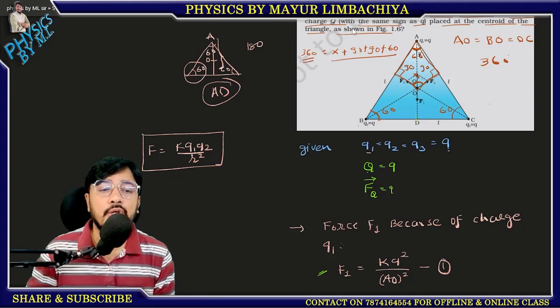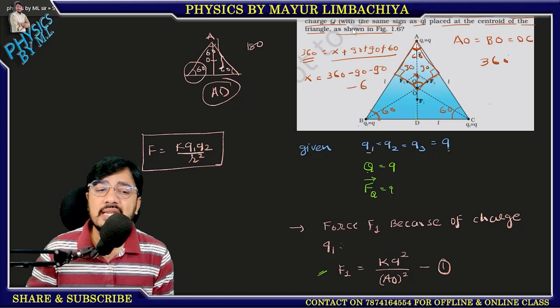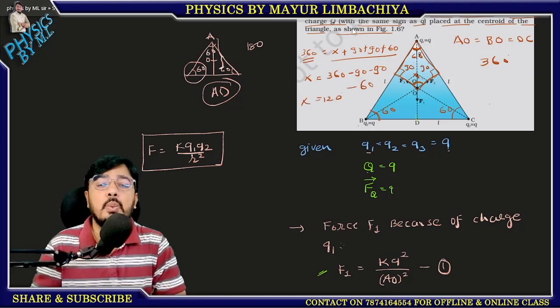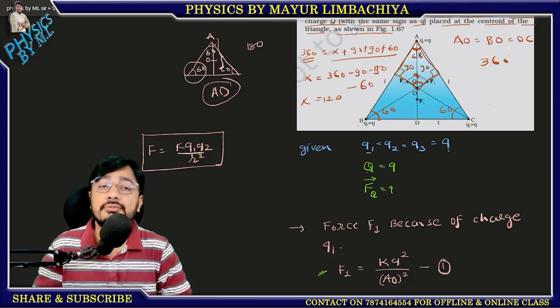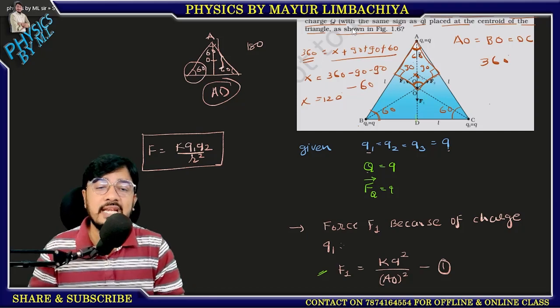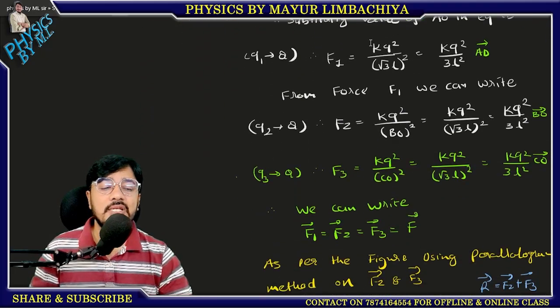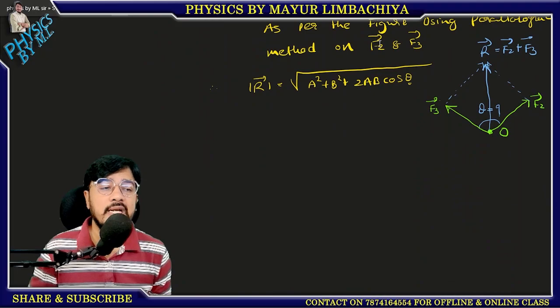So x is equal to 360 minus 90 minus 90 minus 60. If you do this, you will have 120. So the angle here is 120.